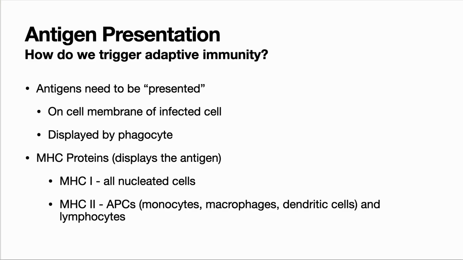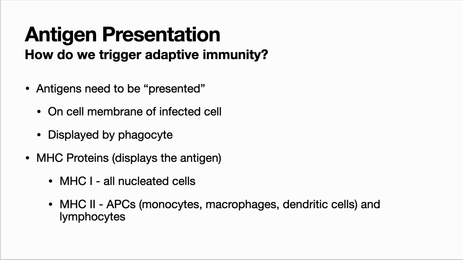So first and foremost, what is this antigen presentation I'm talking about? How do we in fact trigger adaptive immunity? Well, it turns out that antigens need to be presented. They can't just be floating around in the body. They have to be presented on a little stage, basically. And that stage is called an MHC protein, which stands for major histocompatibility complex protein.